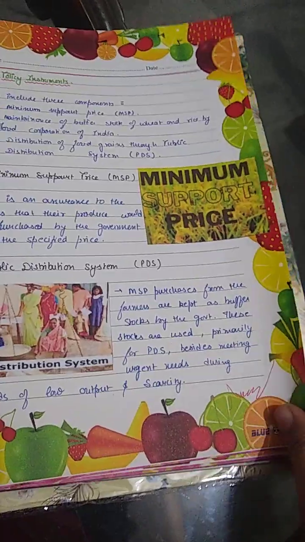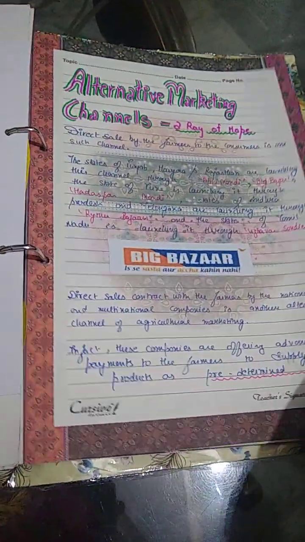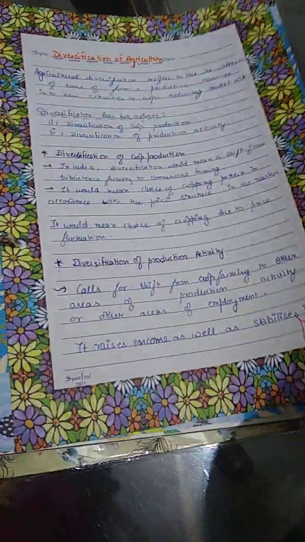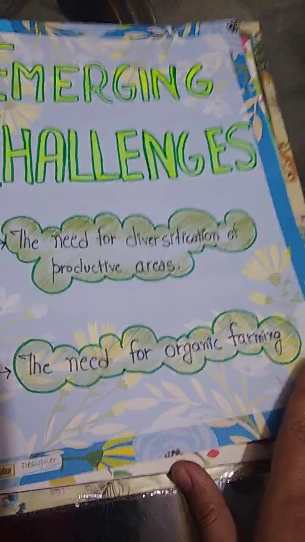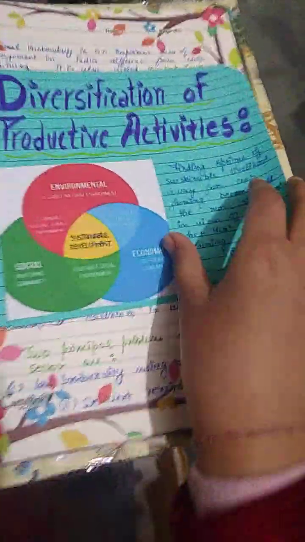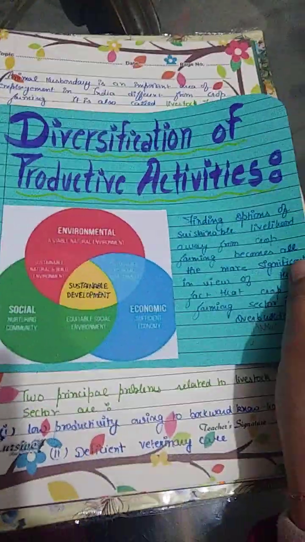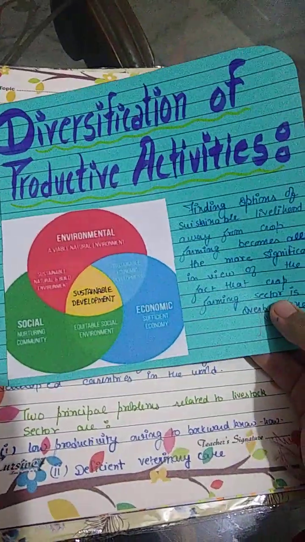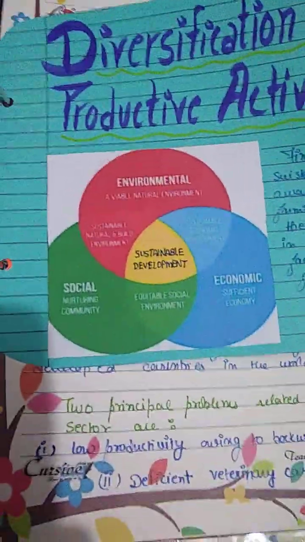Then policy infrastructure, MSPs, then buffer stocks, cooperative marketing structure, alternative marketing channels, agriculture diversification, the most important topic, and then emerging challenges, the need for diversification of productive areas and the need for organic farming. Organic farming is really a good need for us, and diversification of productive activities is all about sustainable development.